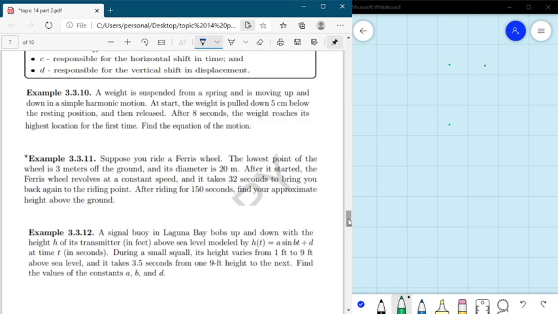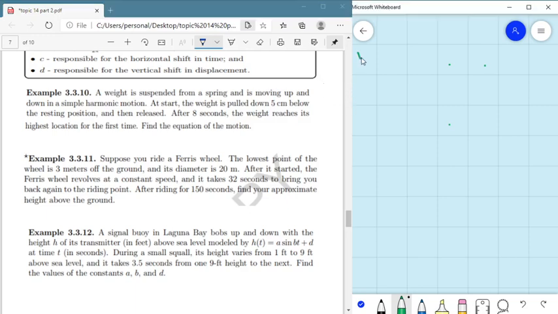So notice that the lowest position is at t equals 0, since the weight starts at its lowest position.